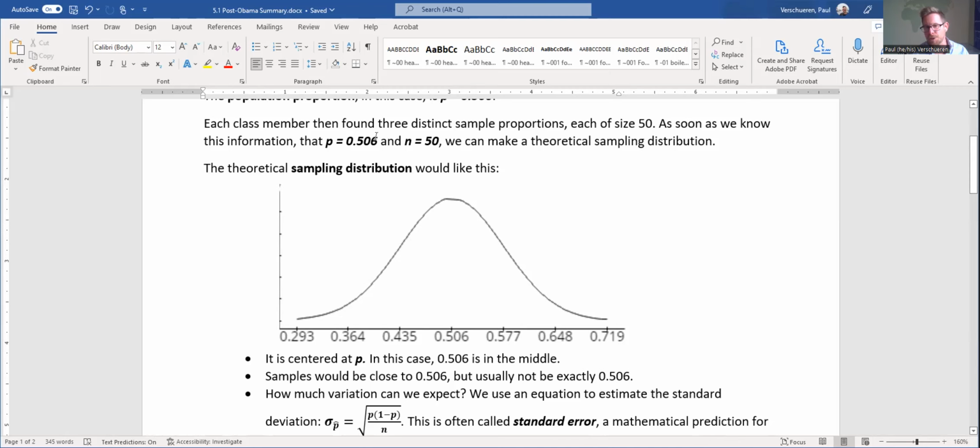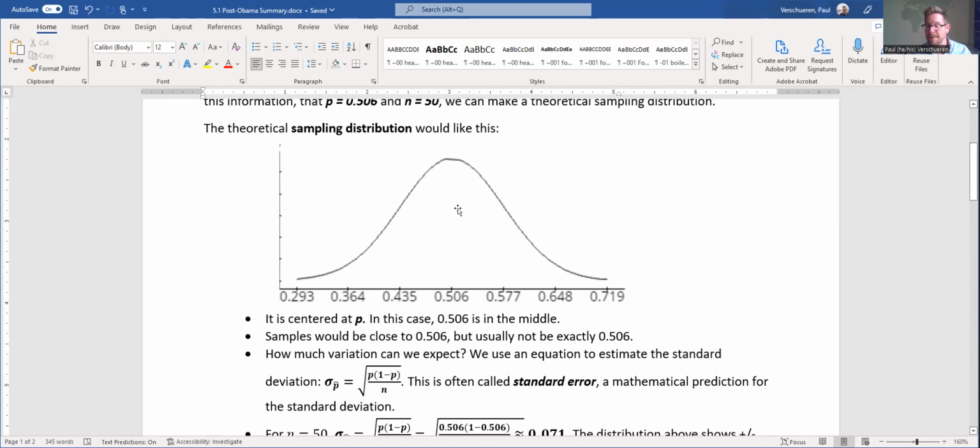Based on just those 2 numbers, the result of the election and the size of our sample, we can use a calculation to come up with a prediction for standard deviation, which would basically say that 3 standard errors below the population proportion and 3 standard errors above the population proportion is pretty much all we should ever see. You should not see samples go lower than this number or higher than this number.